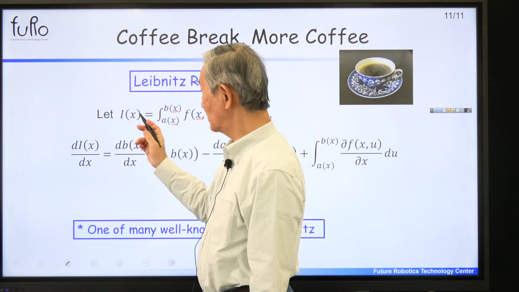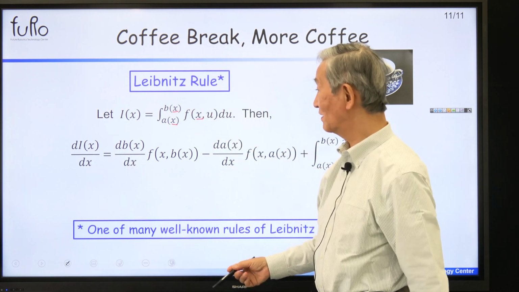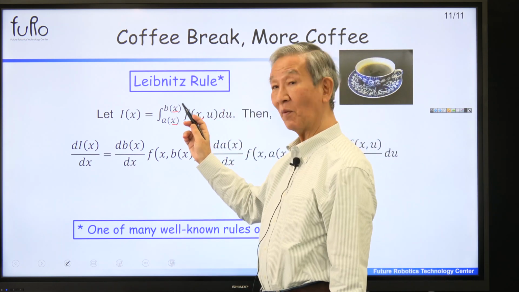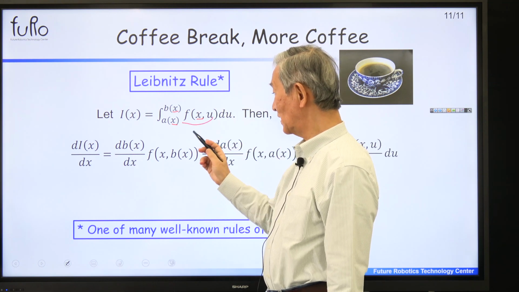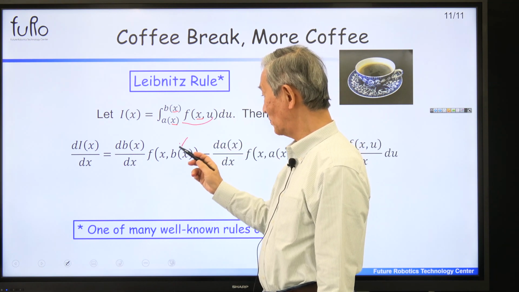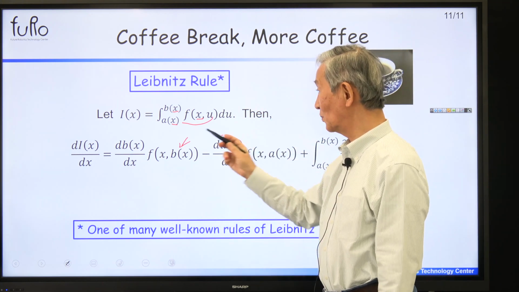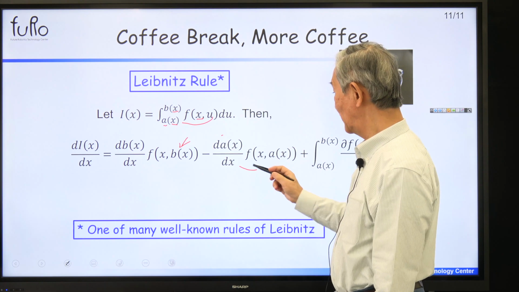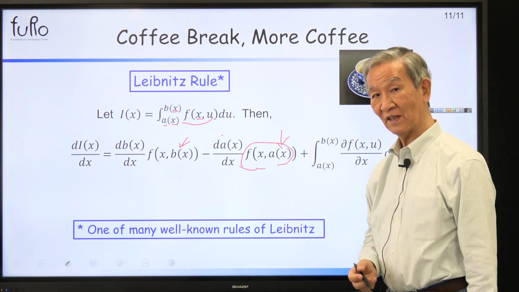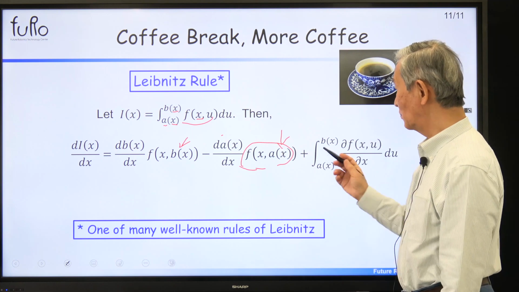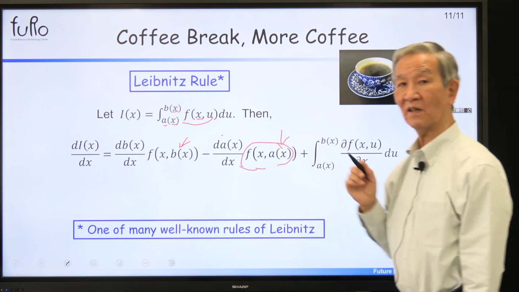You get differentiation of the upper limit times the integrand evaluated at the upper limit, minus differentiation of the lower limit times the integrand evaluated at the lower limit, and plus differentiation of the integrand itself.